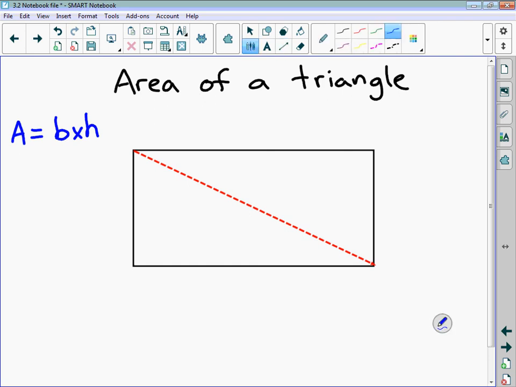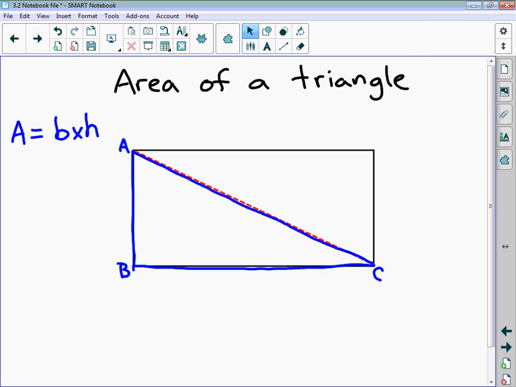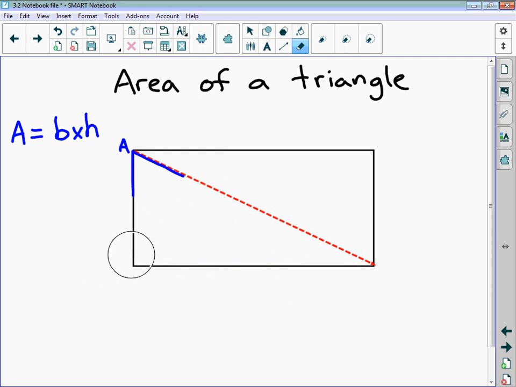I have one triangle here, starting at, let's call this point A. It goes down to B, coming across to C, and then going back up to A. That would be one triangle, and then we have another triangle on the other half. This is just splitting the rectangle in half, and that's a triangle. So that's pretty easy to see, seems pretty obvious.